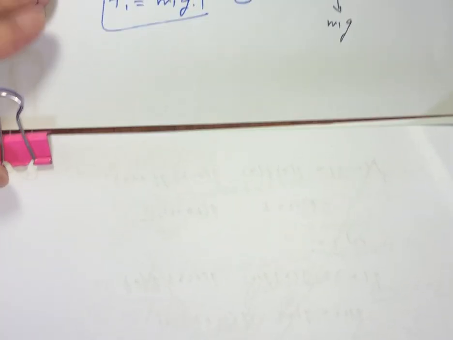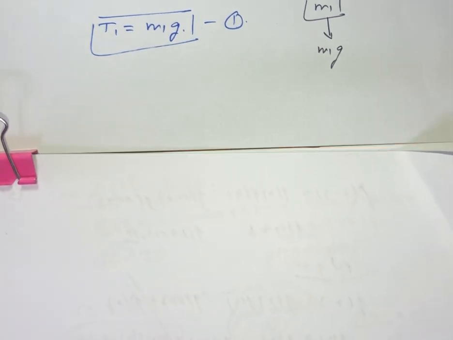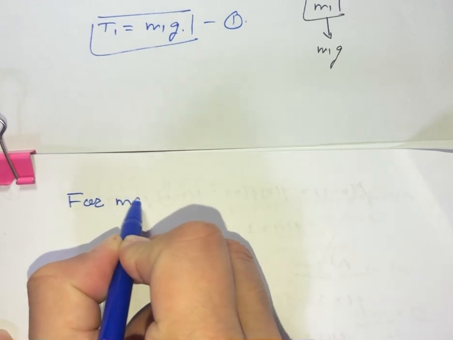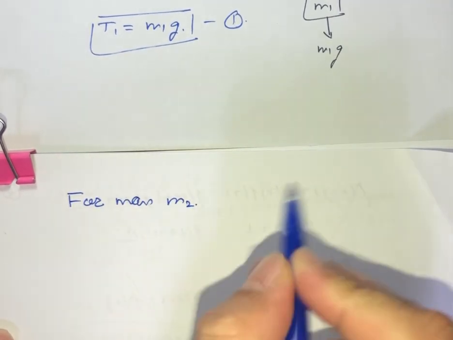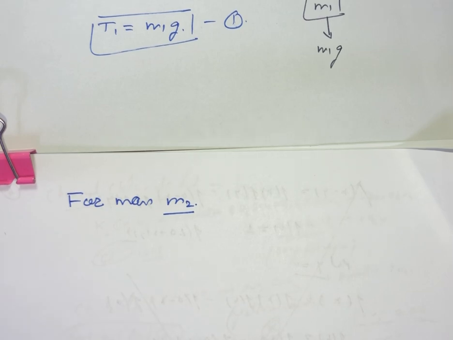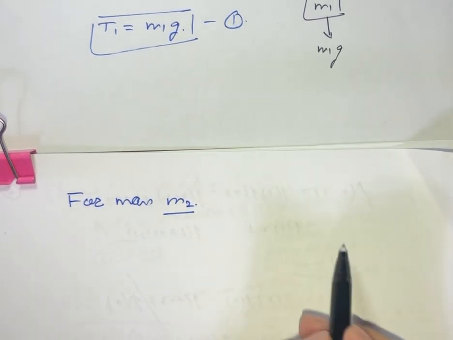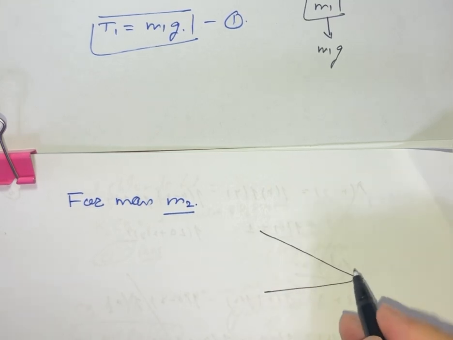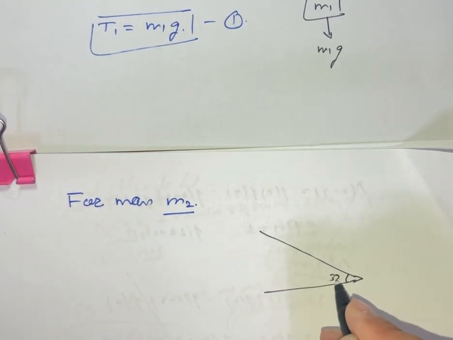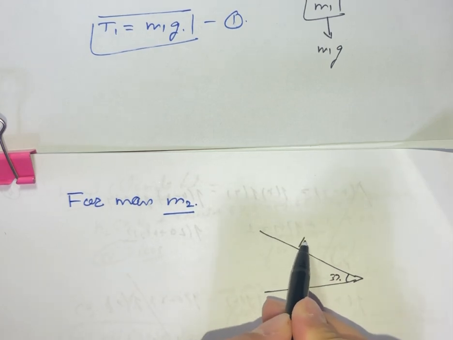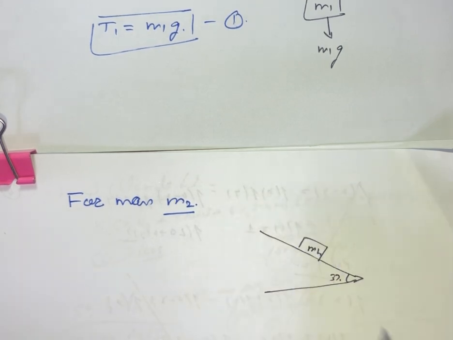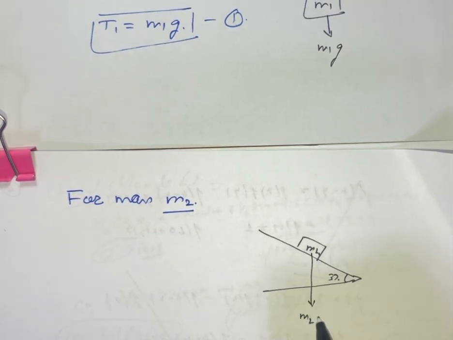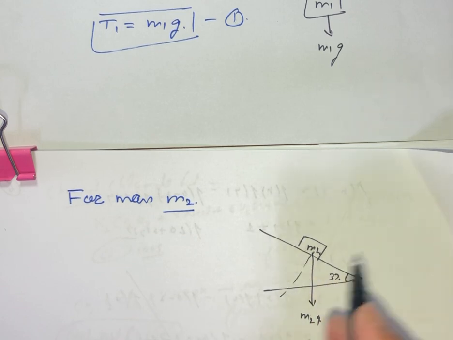Now let's write for mass m2. m2 is on an inclined plane, the angle of inclination is given as 37, and this is our m2. So we are going to have m2g with two components.